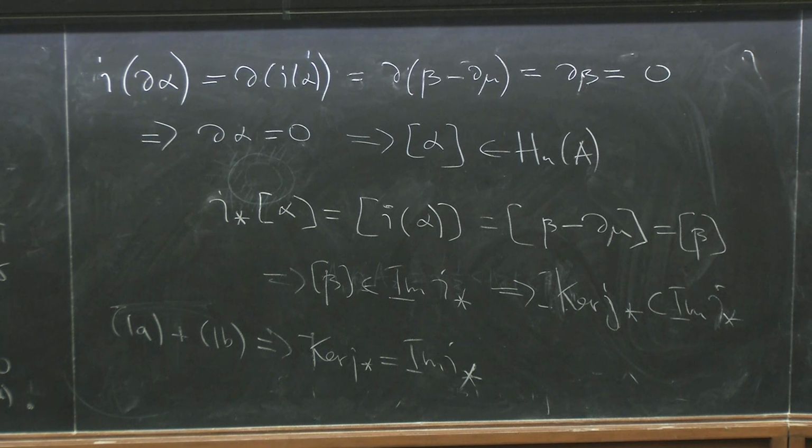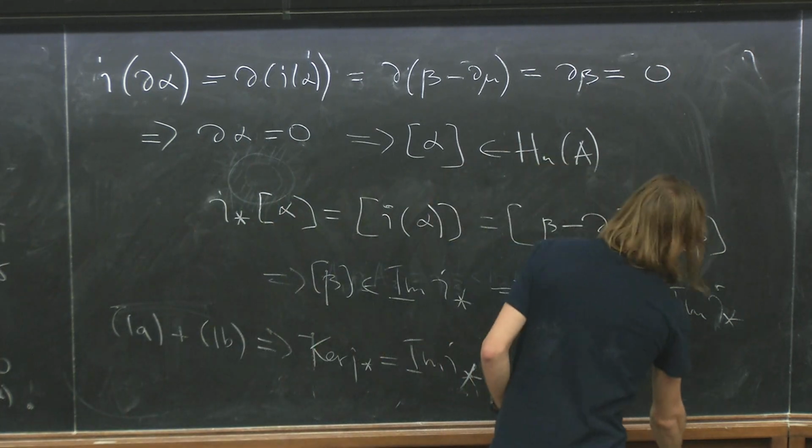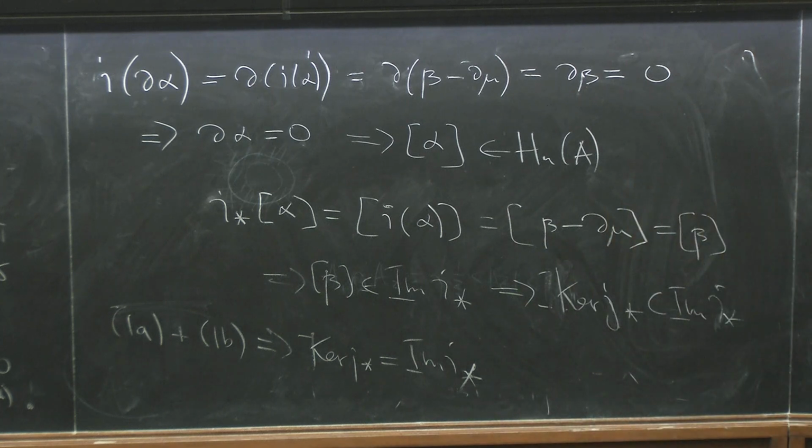And now we will check exactness here. We want to check that the kernel of delta is equal to the image of J star. Any questions so far?